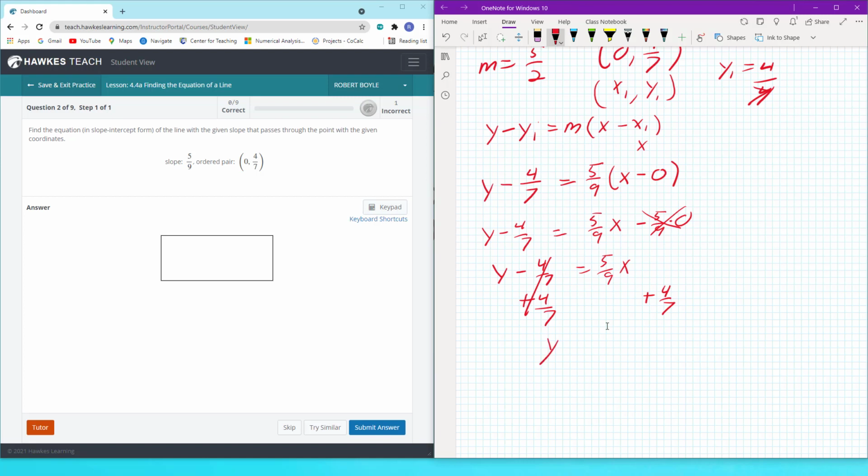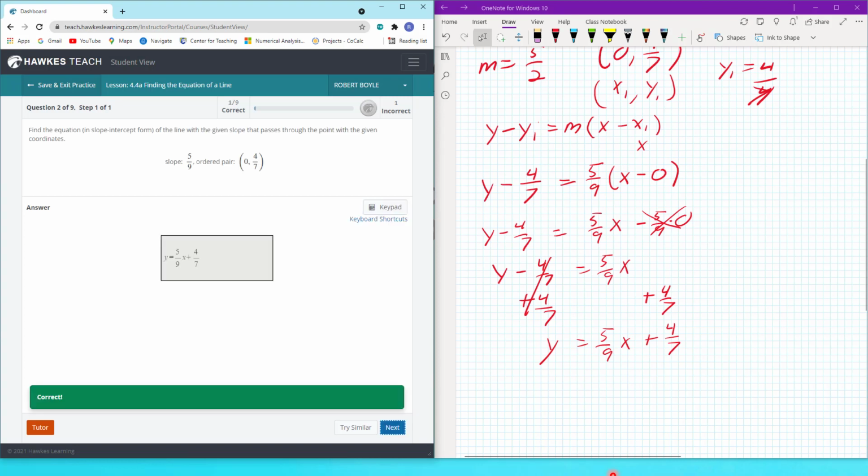We will have y, and over here we would have 5/9 times x plus 4/7. And we are done. This is slope-intercept form. Y is equal to some number times x plus some other number. There we go.